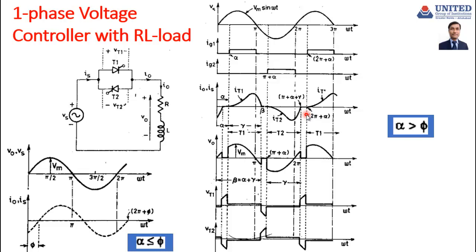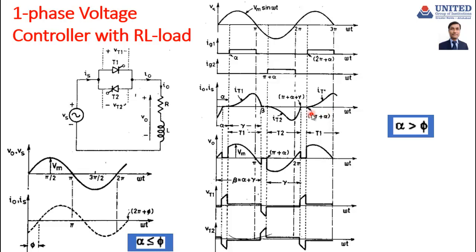As before, V naught is equal to 0, Vt1 is equal to the positive value of source voltage Vs, and Vt2 is equal to minus of Vs. At 2 pi plus alpha, T1 is turned on and current starts flowing as before.